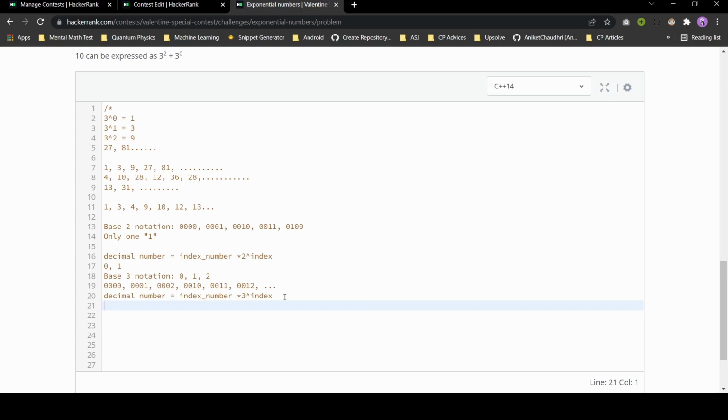The first will be 1, because 3 power 0 is 1. So this is 1 in base 3 notation. Then the next is 3, so 3 will be this. Then next is 9, so 9 will be like this. Then is 27. So you see, we only have a single 1 digit in the whole representation in the base 3 notation.